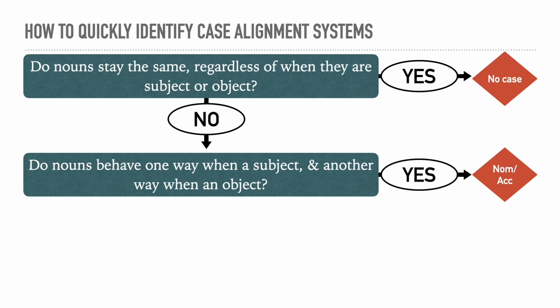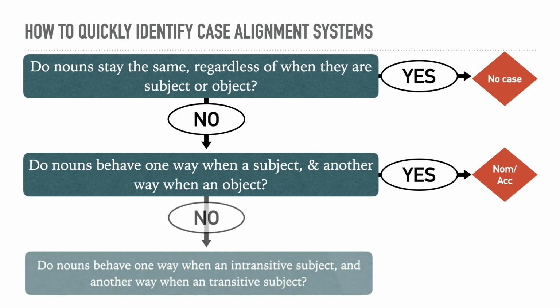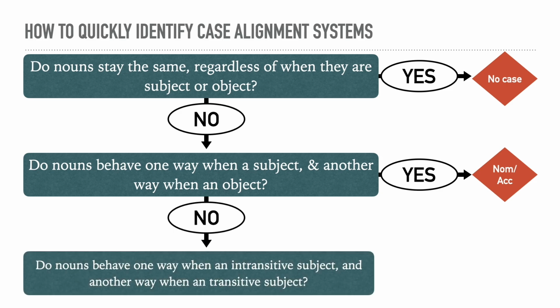So nouns look one way when they're doing something, no matter what it is, and another way when they're receiving that verb, that action. If the answer to this is no, we have to ask the question, do nouns behave one way when it's an intransitive subject, another way when it's a transitive subject? Then we most likely have something that's much more like an ergative case system.